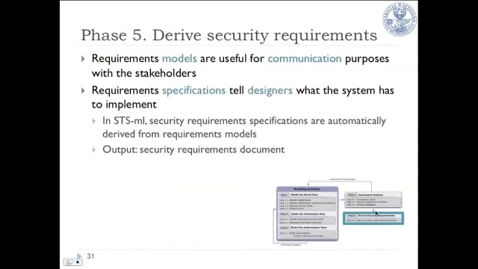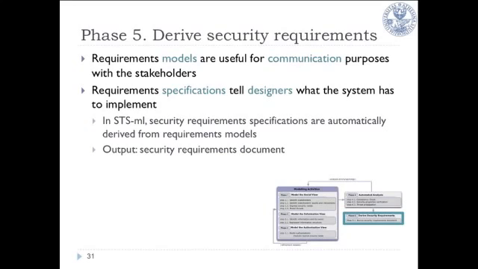Following our steps, we come to the last phase, in which we have assured that the models are correct and consistent and that the security properties that have been defined can be fulfilled. We can now derive the consistent set of security requirements for the system we are trying to design, so that these express the protocols the actors need to comply with for their interactions to be secure.